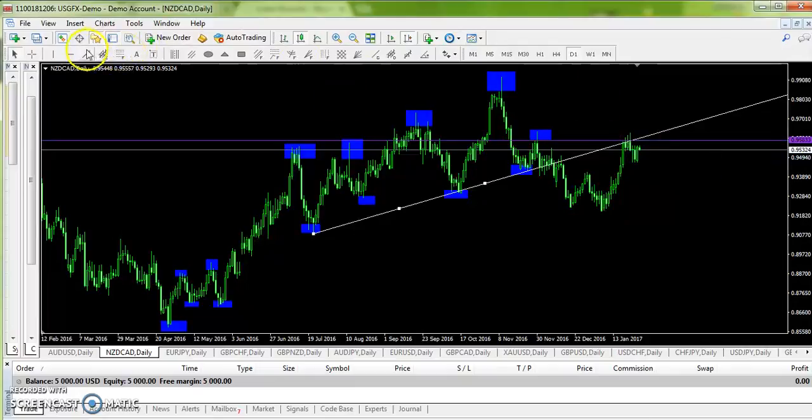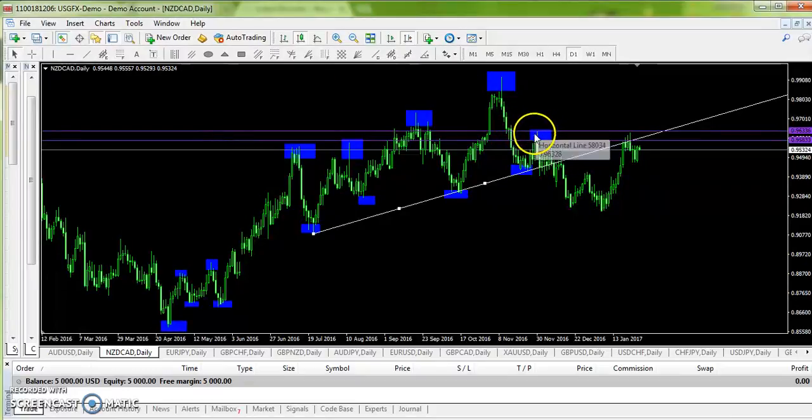My stop loss would be the major swing high, right? In this case the major swing high was there, this particular point. So my stop loss would be there. Now the question is how much I would reward. As far as reward is concerned, my reward would be at least double what I'm risking, right?